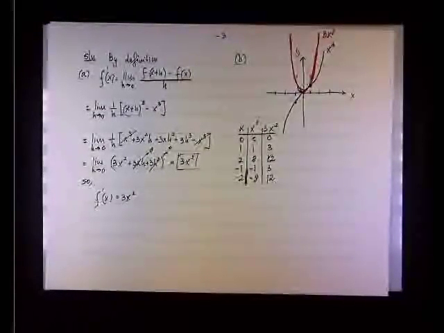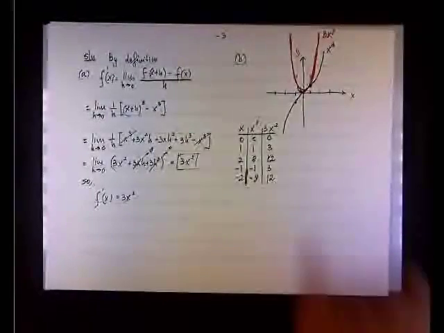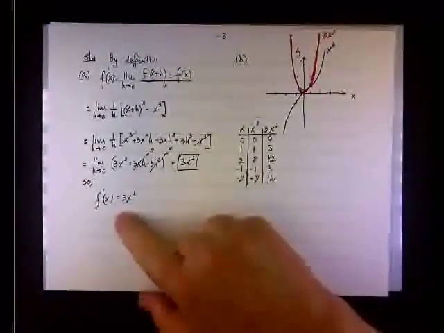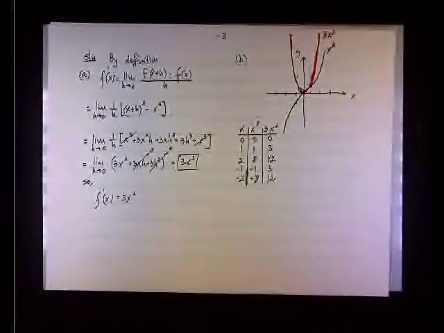the only thing you can see from here is that the derivative function 3x squared is always positive, okay, regardless of the value of x. Well, it's 0 when x equals 0, but for any other value of x, 3x squared is positive. Remember, what is the derivative? The derivative at a point is the slope of the tangent.